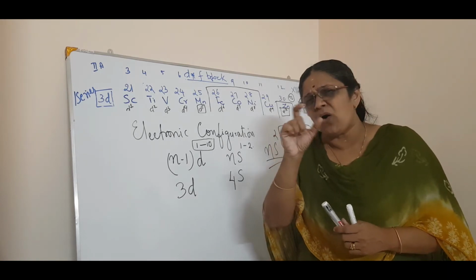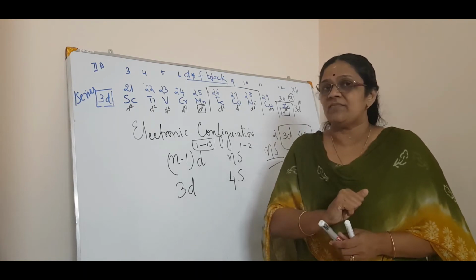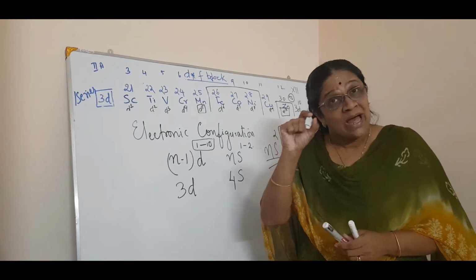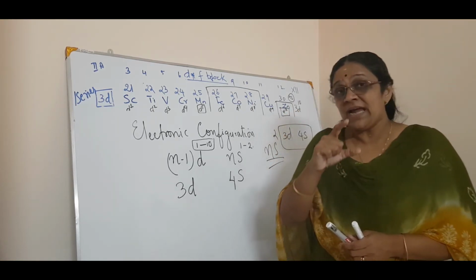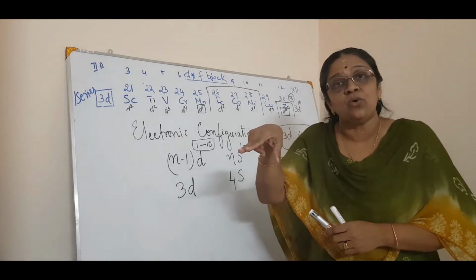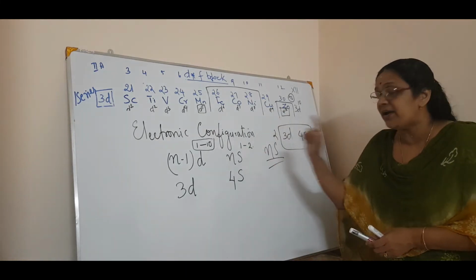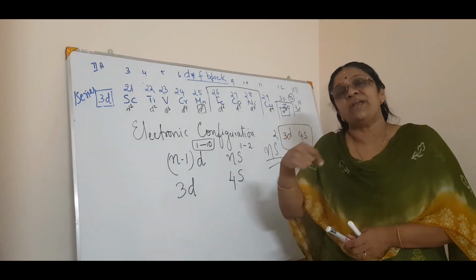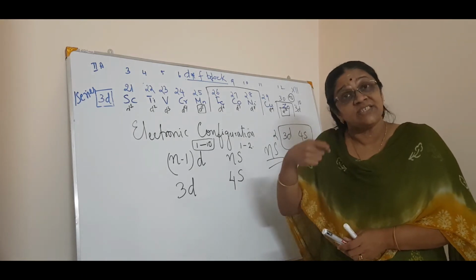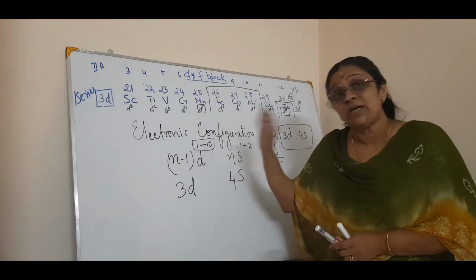There is only a small energy gap between the 3d and the 4s orbital. Because of that valid reason, the electrons from the 4s orbital can go into the d orbital. That is why we have taken it as 1 and 2. It can be 1 or it can be 2. There is a chance of the s orbital electron getting into the d orbital.